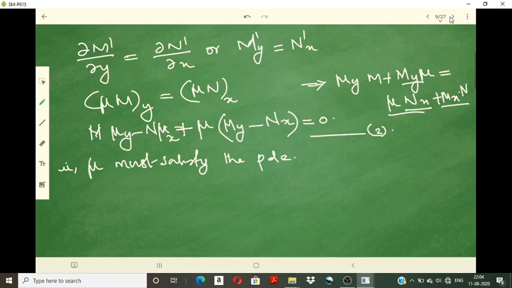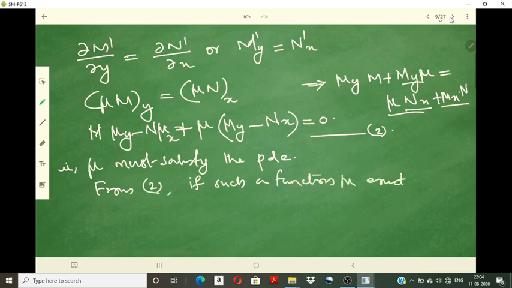If such a function mu exists from solving equation 2, then the transformed equation, not equation 1 but the equation obtained after multiplying by mu, must be exact.